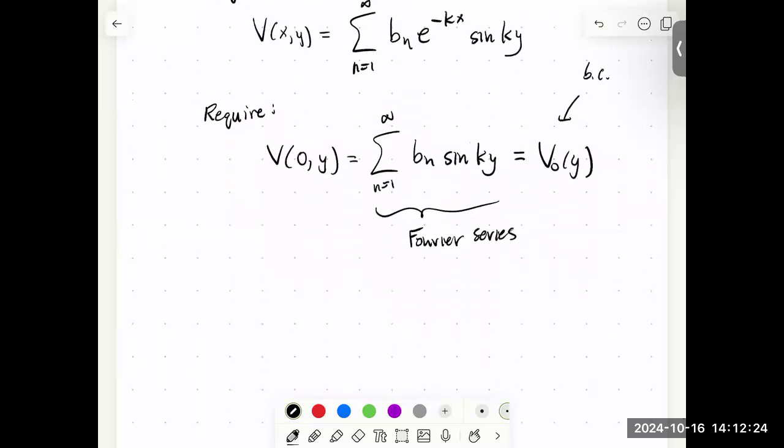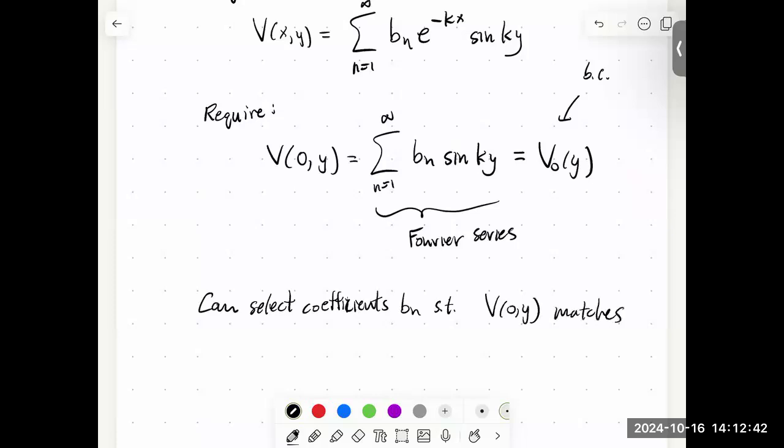Okay, so we can select the coefficients bn such that v of 0, y matches any v naught of y.